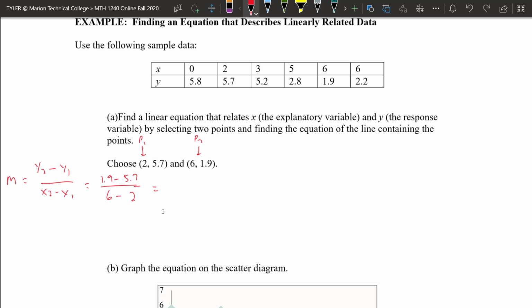If we subtract those, you get negative 3.8 in the numerator and 4 in the denominator. Negative 3.8 divided by 4 gives you negative 0.95.